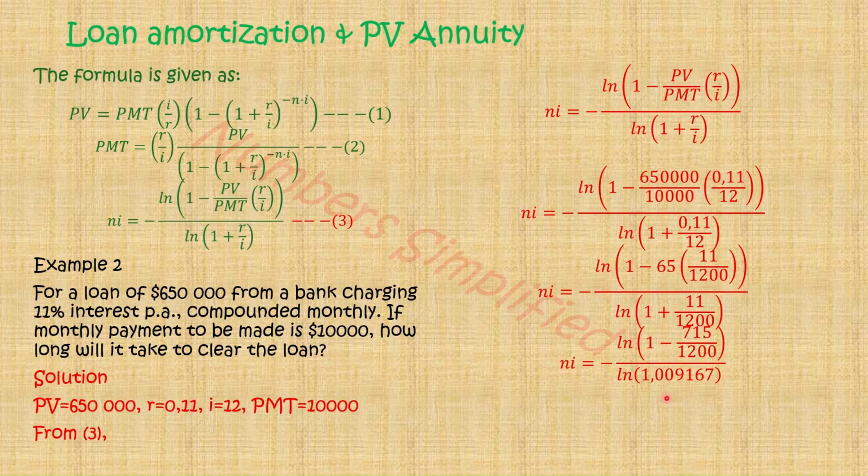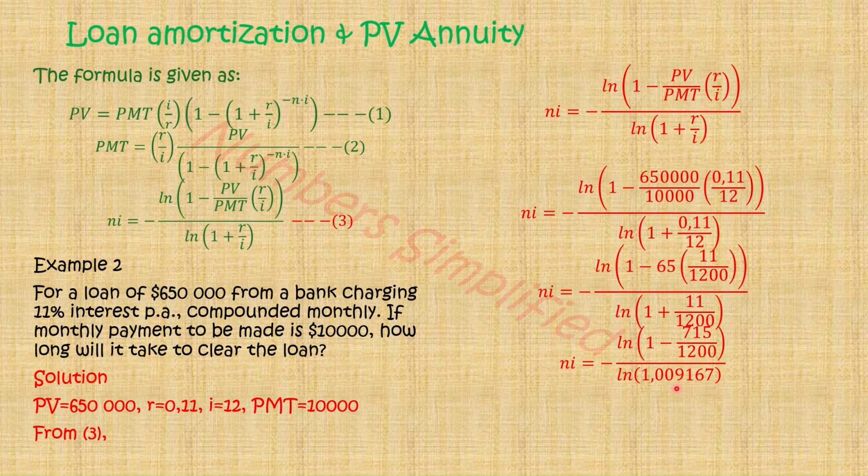Six decimal places is fine, but there's no need to. I'll just keep it at 6 decimal places because I don't want my answer to be too different from the answer that I'm supposed to get.